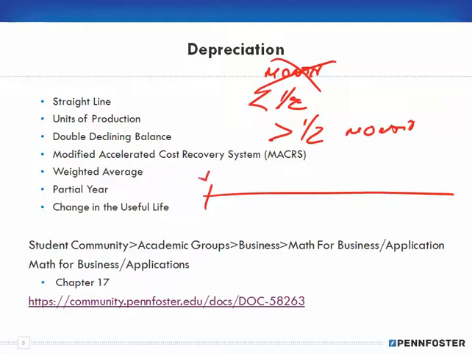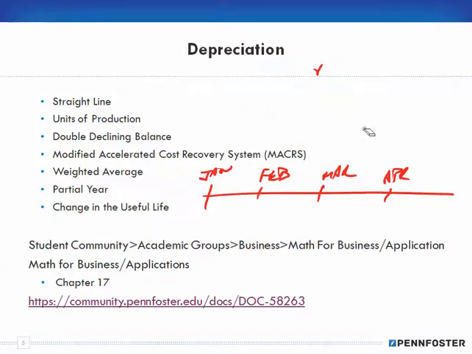So let's say this is January, this is February, this is March, and this is April. And I'm not going to go all the way out for a long, long time here. But let's say the depreciation ends up being 1,000 when you do the calculation, for, let's just say, straight line depreciation, that depreciation is $1,000 a month, just to keep things simple.